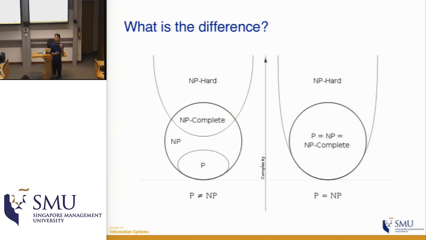Okay? Now, if it is true, there is also a bad thing. Because there are some technologies that we have today that are based on the idea that P is not equal to NP. One example of that is cryptography in security. The idea of cryptography in security is that they have this public key and private key, right? It's based on prime number factorization. So it's easy for us to multiply, but it's very difficult to factorize.